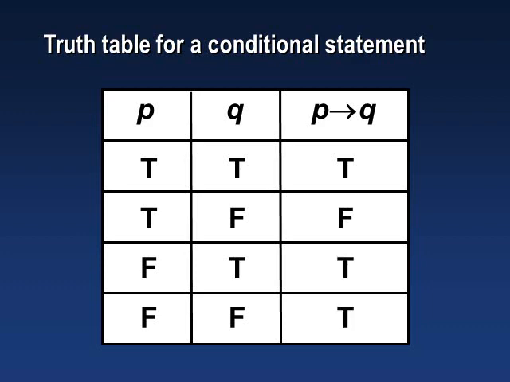So if P, then Q, the then is the conclusion, so whatever Q is, you're basically just copying it across. If true, then true, it's true. If true, then false, the result's false. If false, then true, the result is true. The only exception is if false, then false.